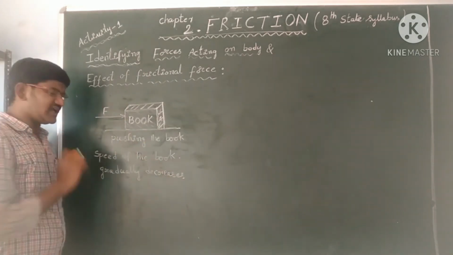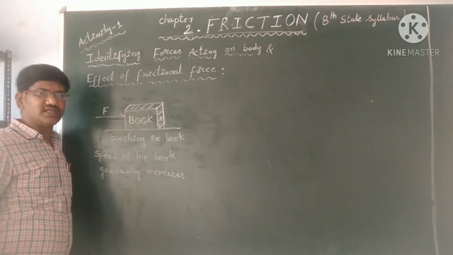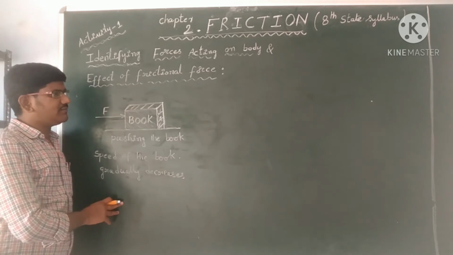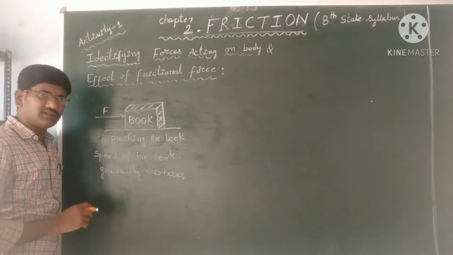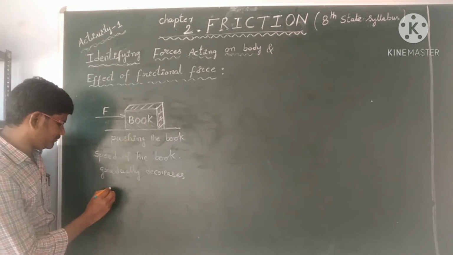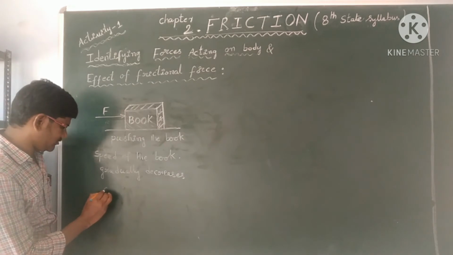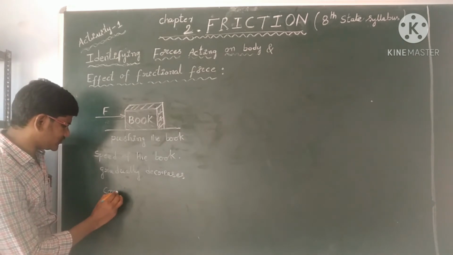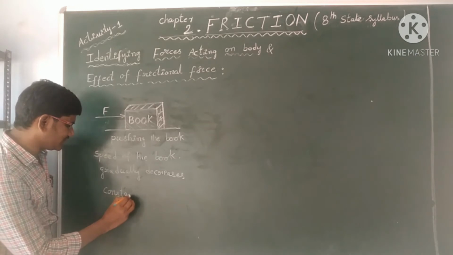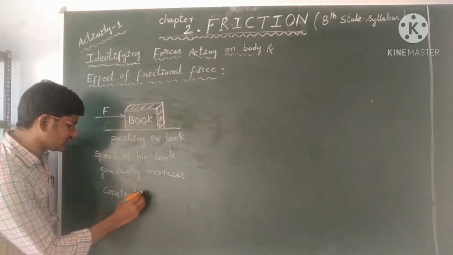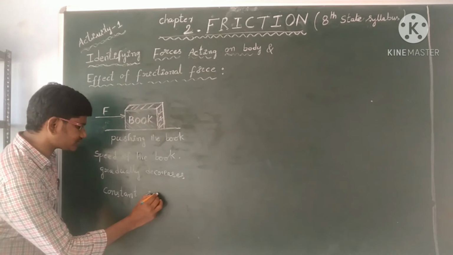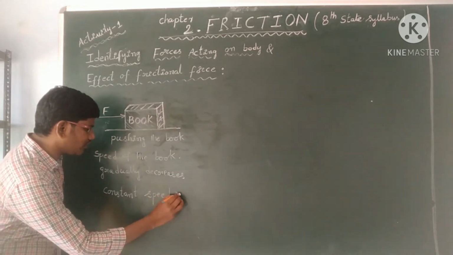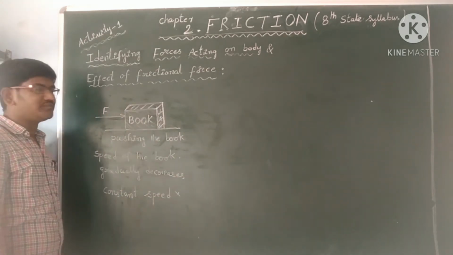Speed of the book is gradually decreasing. We are observing, means it is not moving with a constant speed. So children, we know that here the book is not moving with constant speed.